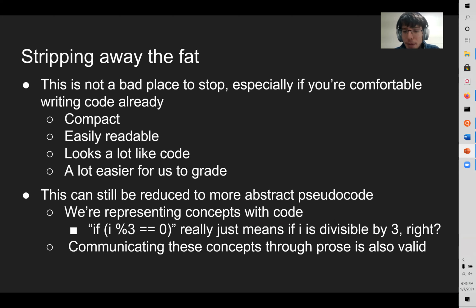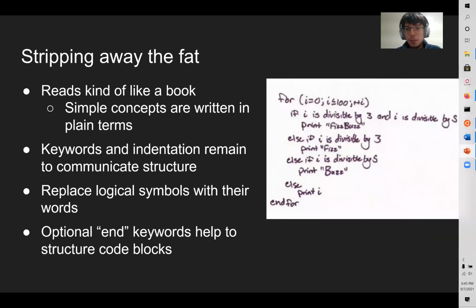The main thing is that you want to make it readable. Even this is kind of okay. It can read a little bit like a book, but it still needs to look like code.